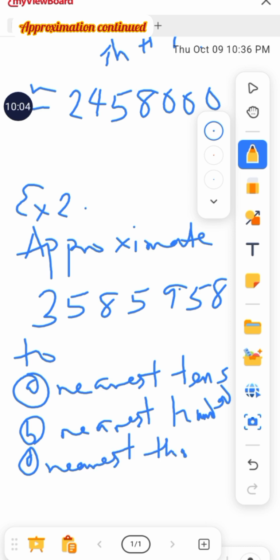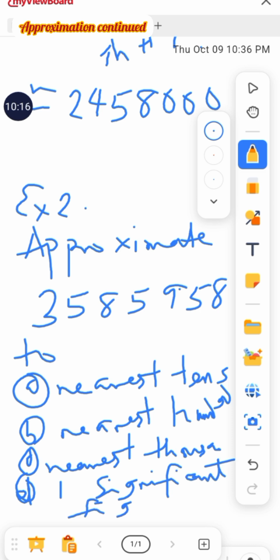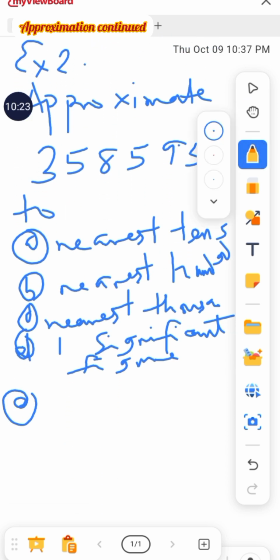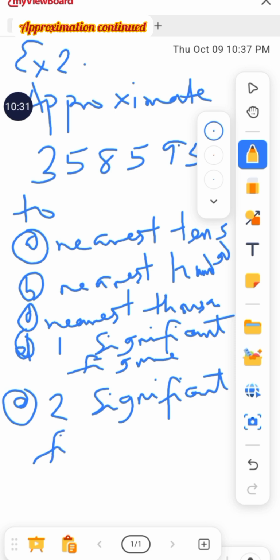The next one, that's D, one significant figure. Let's move our board up. Okay, the next one, two significant figures. So let's quickly unravel this.